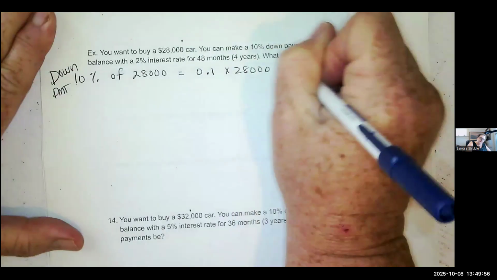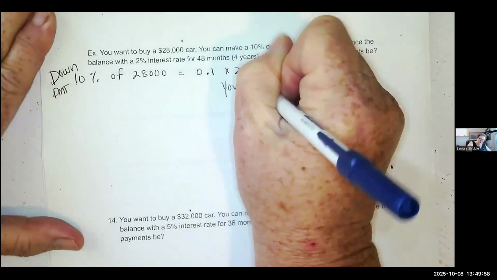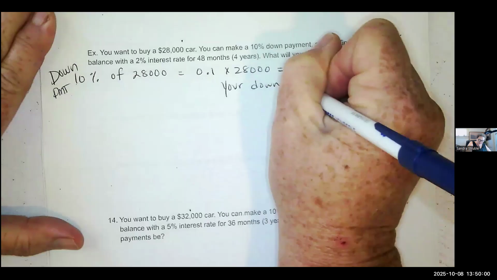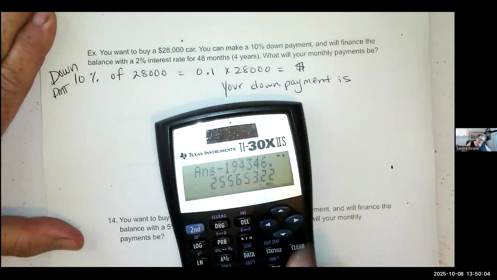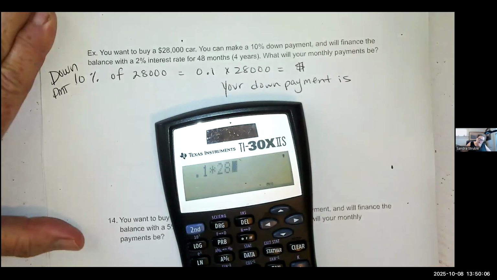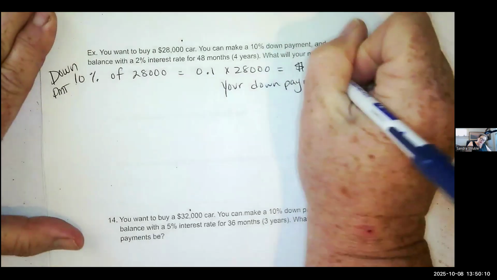So your down payment is 0.1 times 28,000. You save $2,800 and you're walking in there with $2,800.